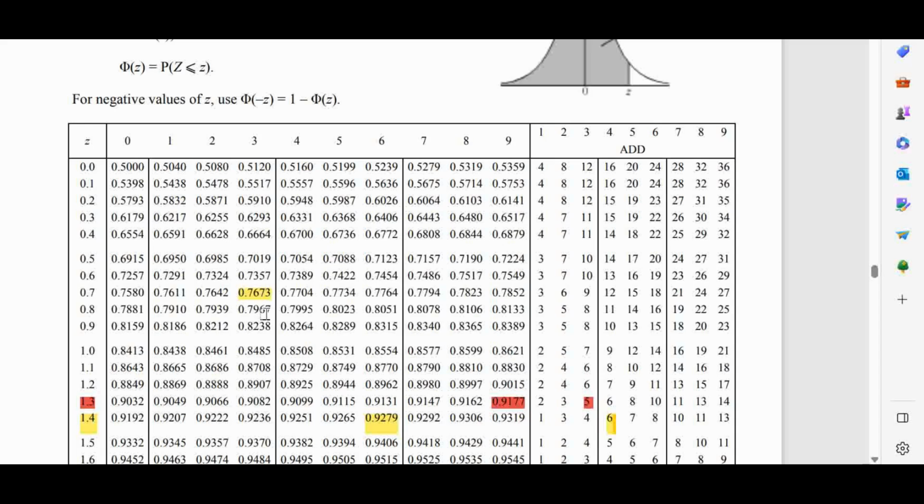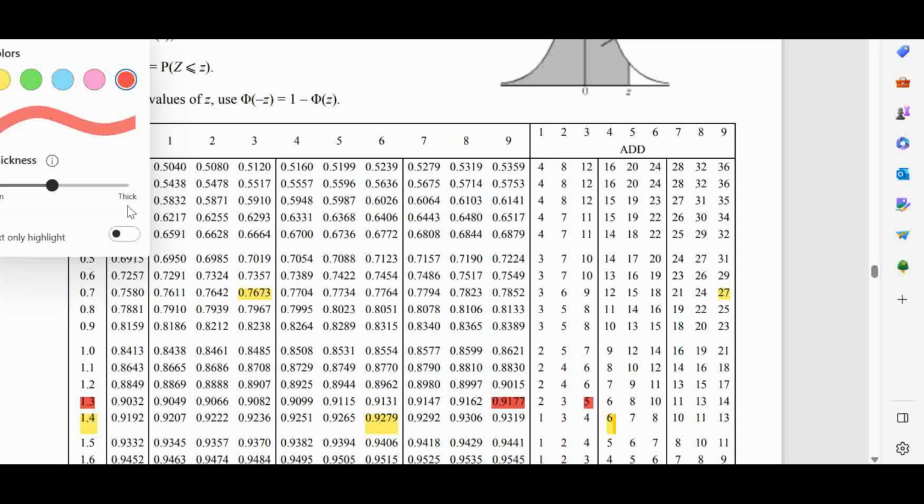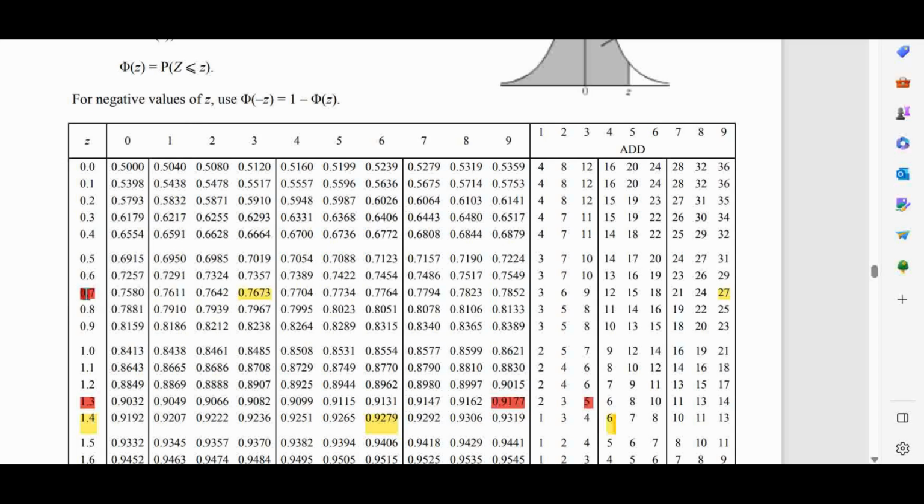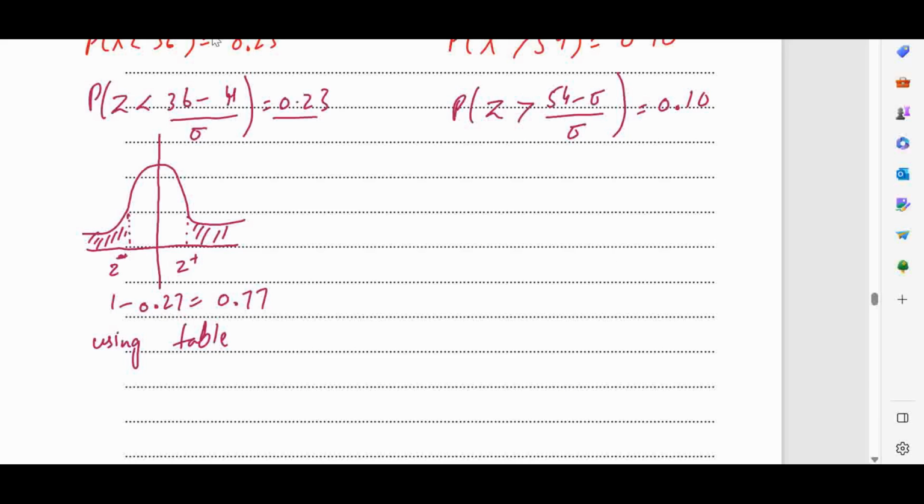0.73, okay, 0.73, and we need 27 over here, so this must be this one. So it means that we can see the values over here, that this will be 0.739. So by using the table we can see that the value of z will be equal to 0.739.